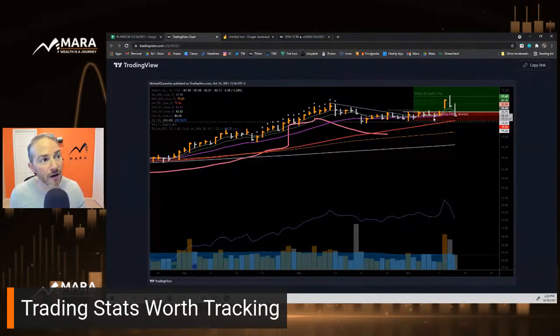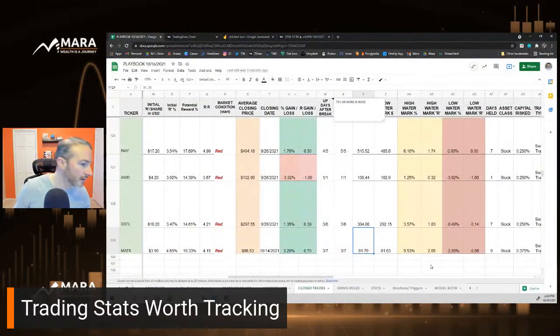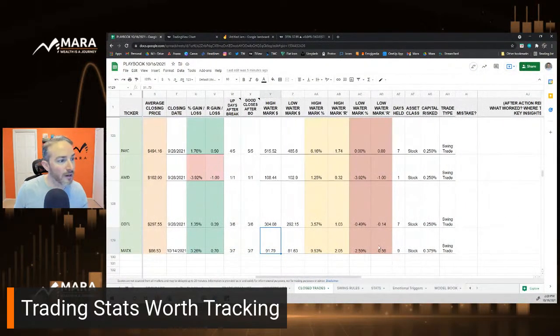That's as far as the trade went against me while I was holding it. So this tells me that on this particular trade, the worst it went against me was a little over 2.5%, about minus half an R. All right, great.